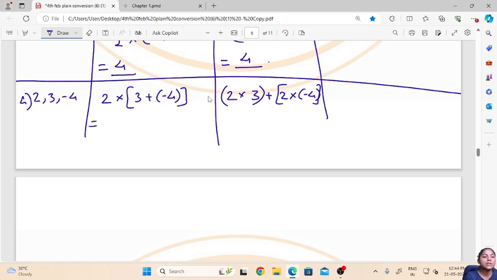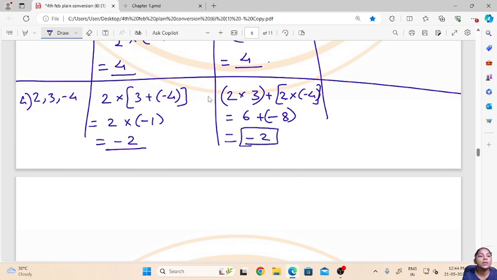Let us solve these examples. 2 into (3 minus 4). So we will get minus 1, and then 2 into minus 1 is equal to minus 2. Then we will solve this one. 3 2s are 6 plus 2 into minus 4, which is minus 8. And then we will get 6 minus 8, which is minus 2. So in this also we are getting the same answer.